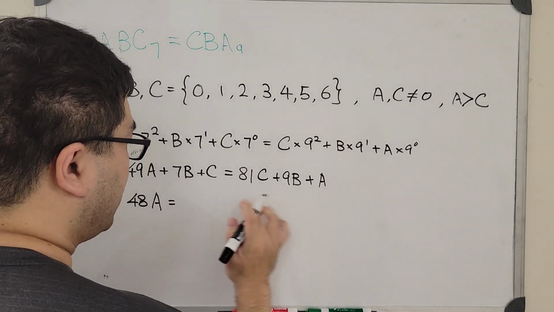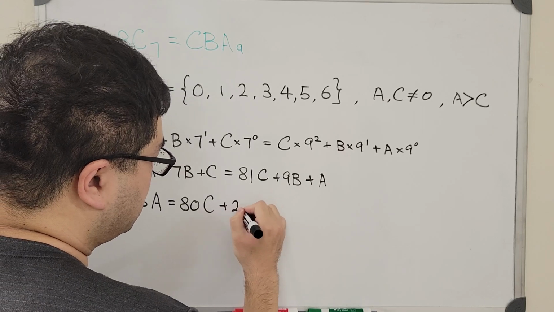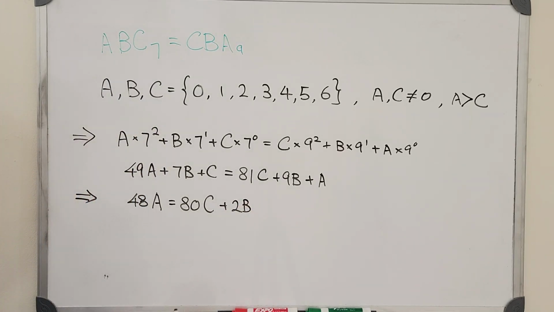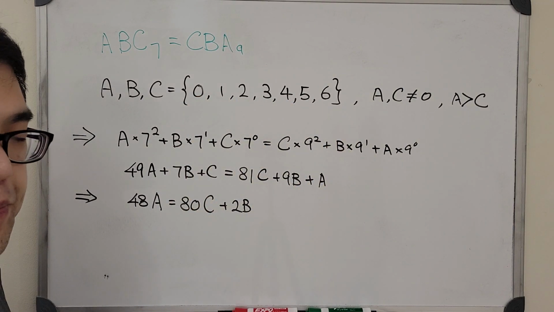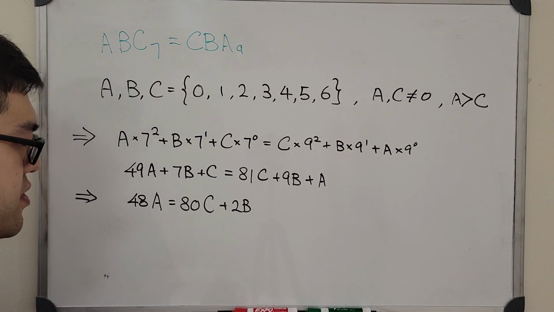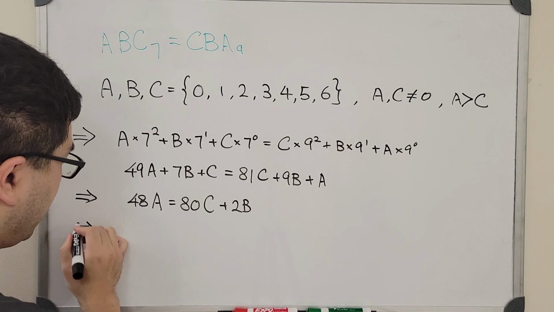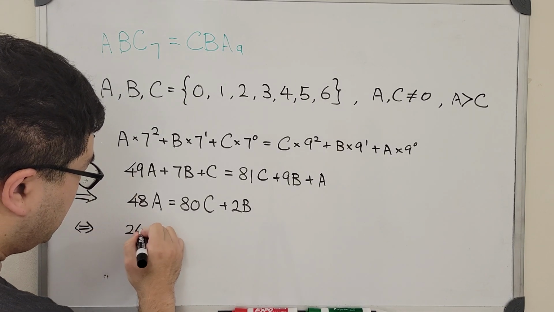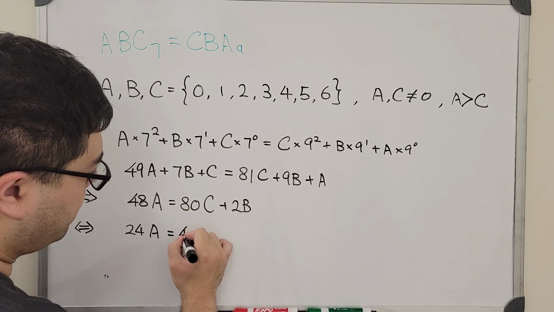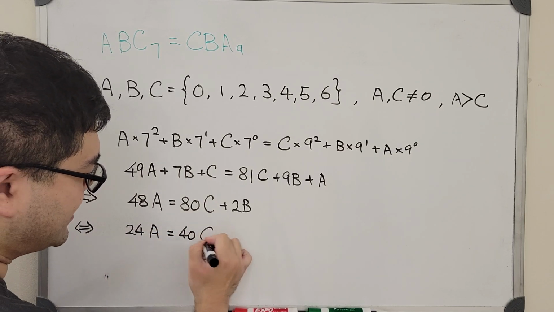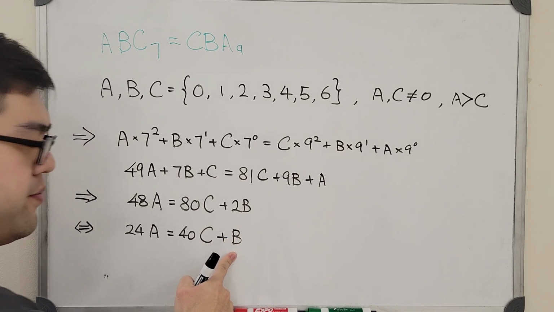And that will give us 80C plus 2B. Of course, since A, B, and C are digits, they are integers, so we can just try to divide everything by 2 and simplify it, which yields 24A equals 40C plus B. How does that help?